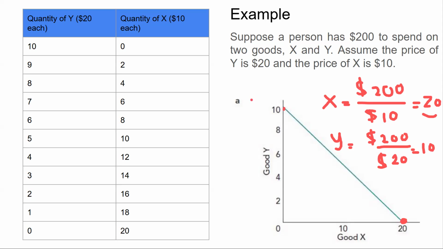This is the budget line. As long as you are on the budget line, you can purchase because you have sufficient budget. Inside is also okay, but outside you cannot because you do not have sufficient budget.